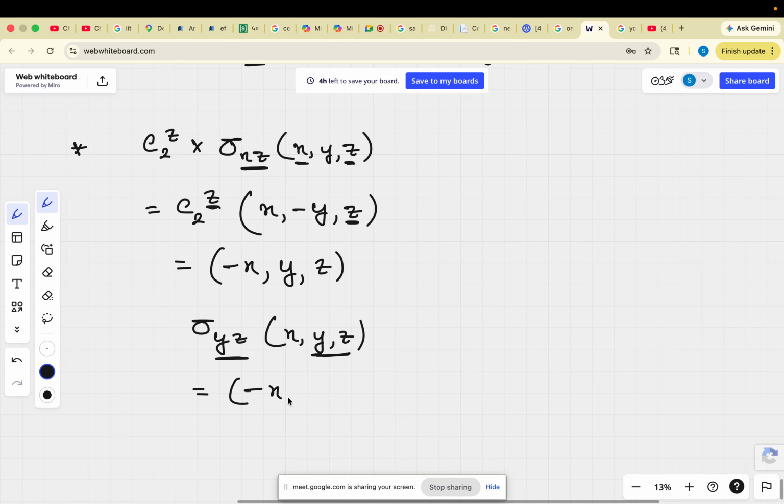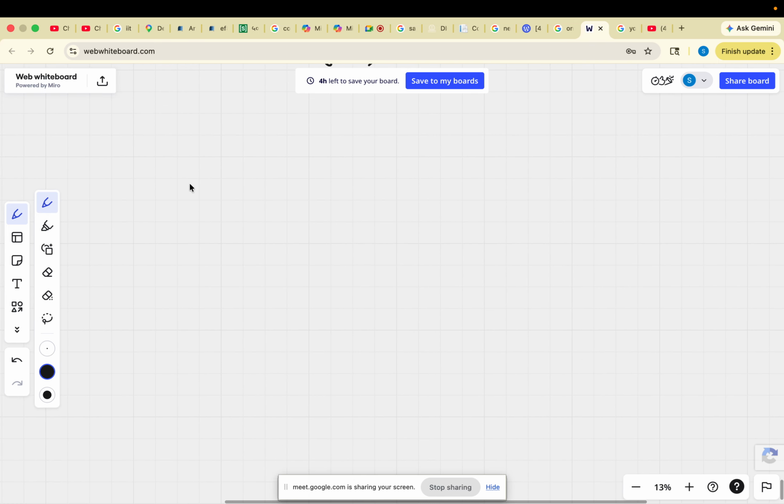What you will get? Minus x comma y comma z. So that means basically this C2z into sigma xz will be equal to sigma xy. Clear? I hope it's clear. We will do a few more examples, no need to worry.